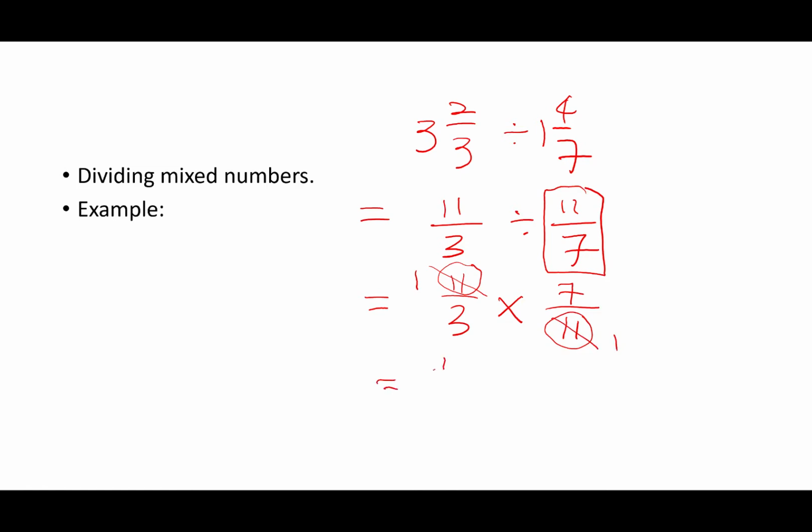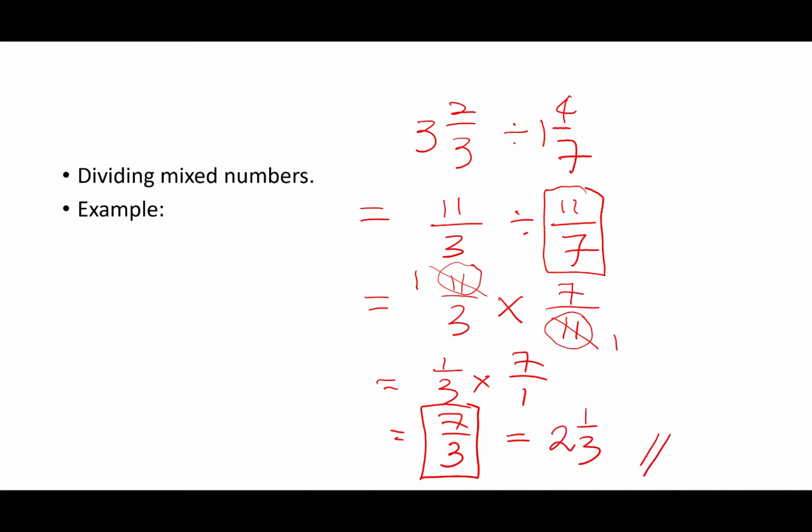So effectively we get 1 over 3 times 7 over 1, which is 7 over 3. This is an improper fraction, so we convert it back into a mixed number, and that gives us 2 and 1 over 3. So that's how division of mixed numbers works.